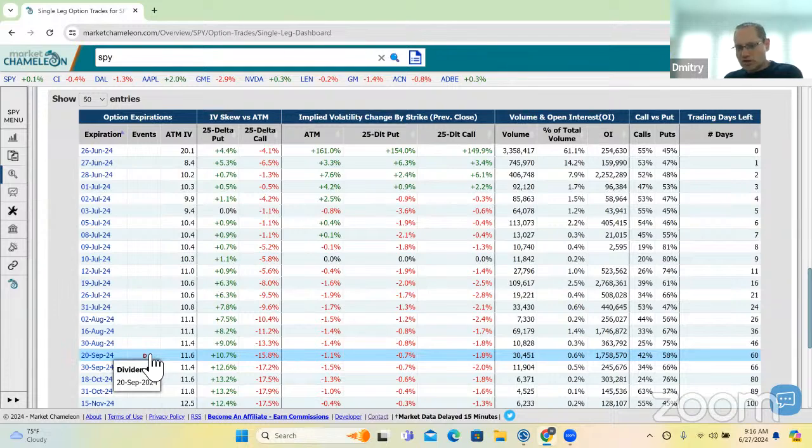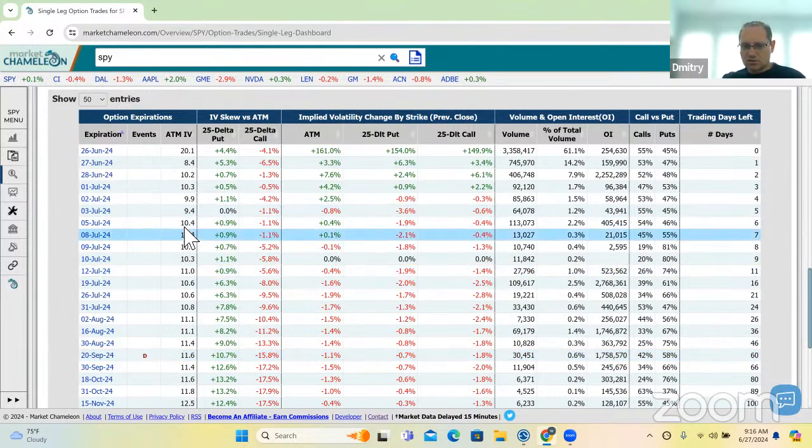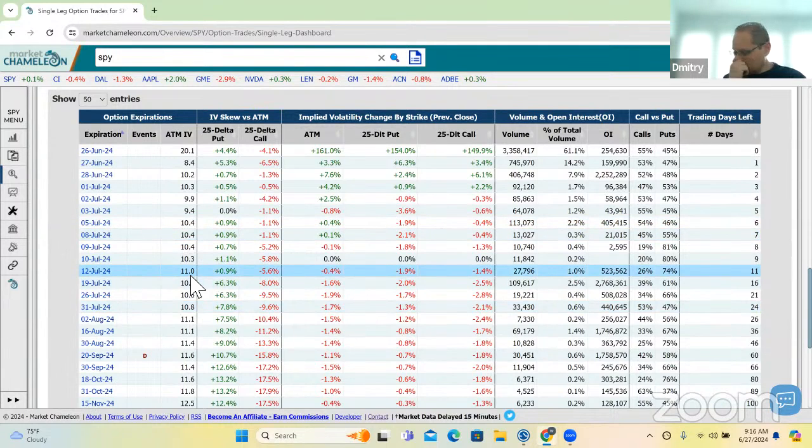So let's move on to how these options look vertically, because there's also a vertical skew. And vertical skew is, on each expiration, we have different strikes. You have the at-the-money strikes, which are basically centered based on where the stock is, the closest to the spot.